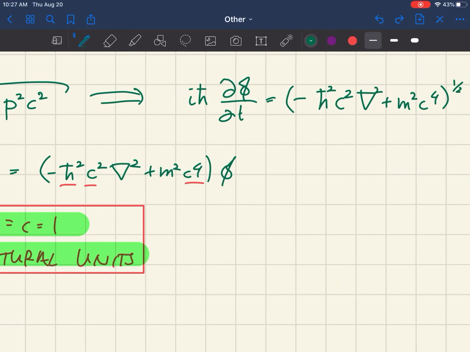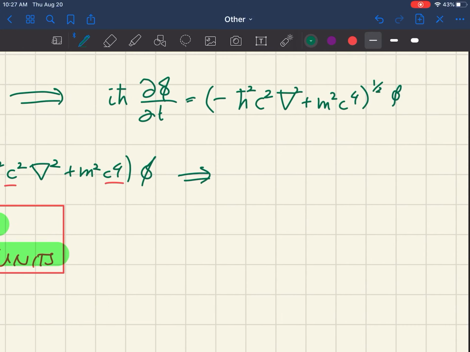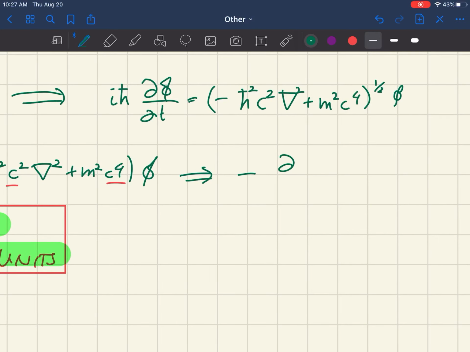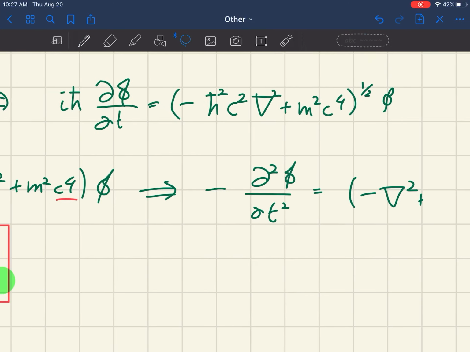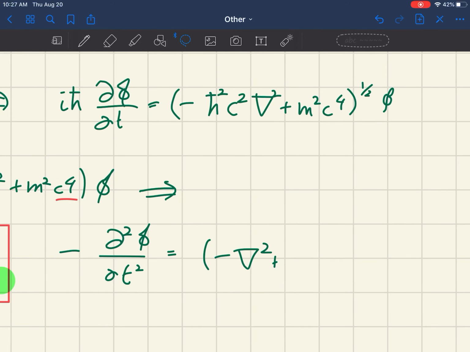Therefore what we get is negative second derivative of the wave function is equal to negative Laplacian plus m squared times phi.